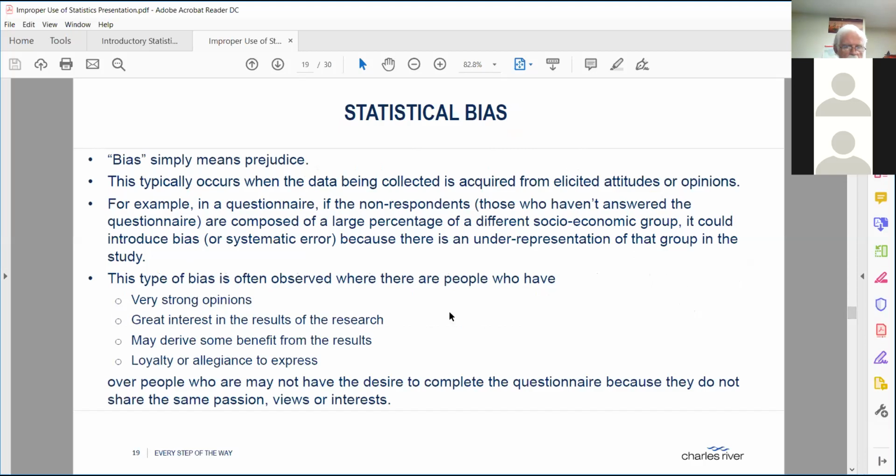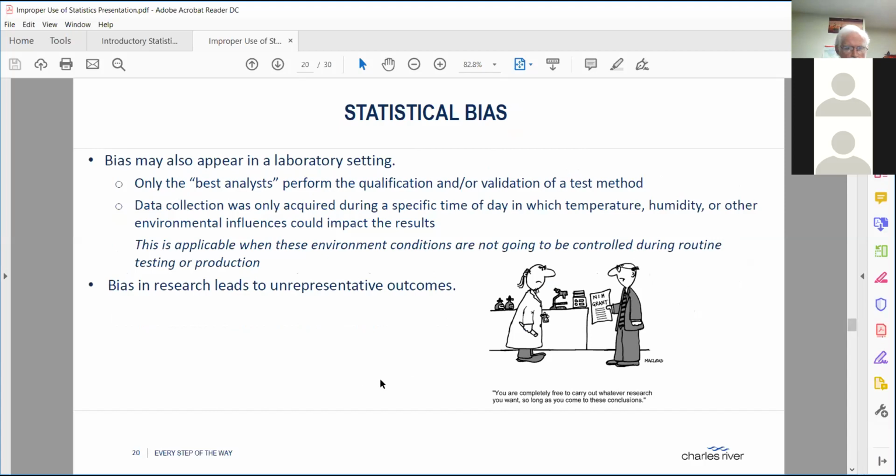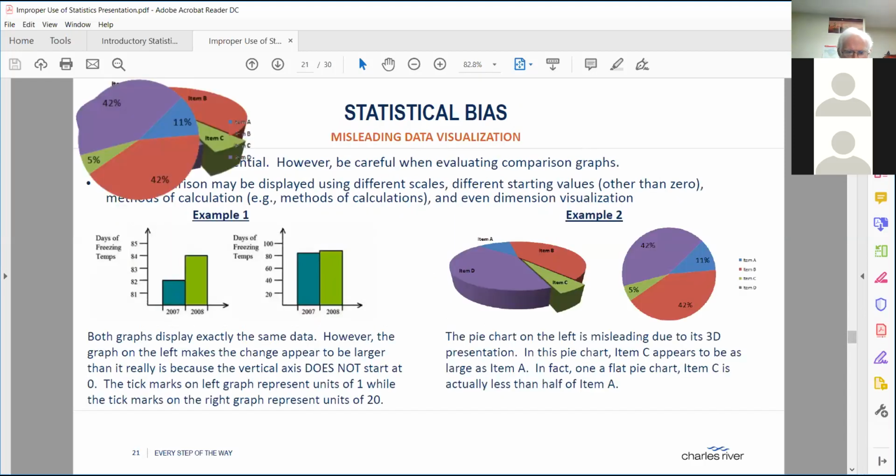Bias happens for many reasons: strong opinions, some benefit from the result, or an attitude. This is something always worried about in various industries. You're completely free to carry out whatever research you want, as long as you come up to these conclusions. And we've seen that.